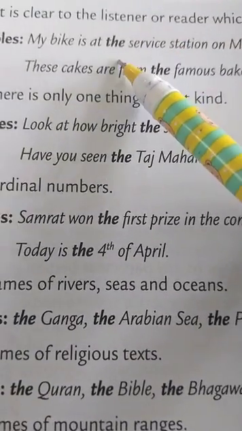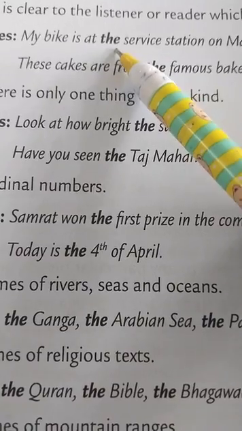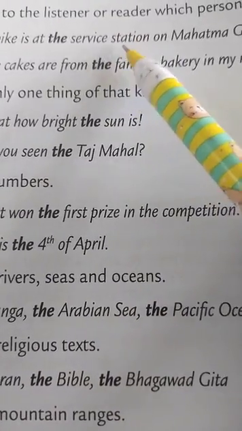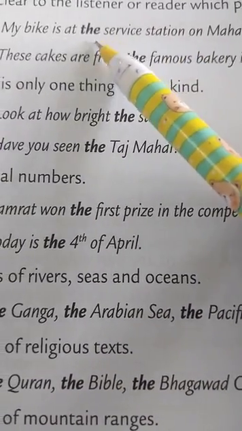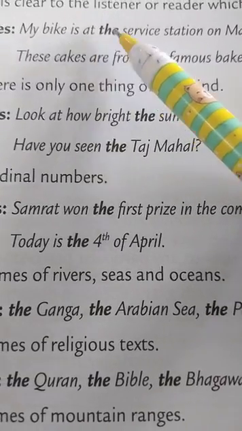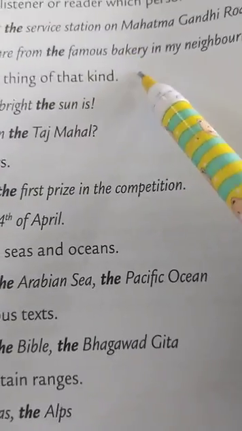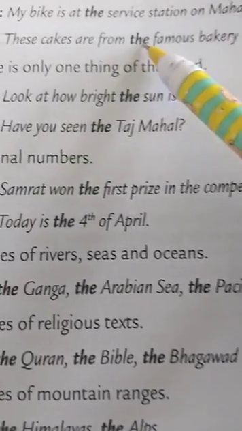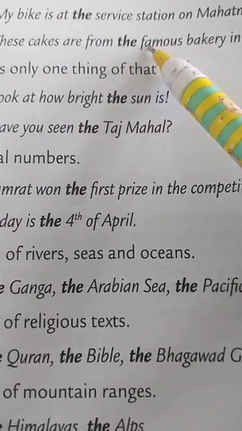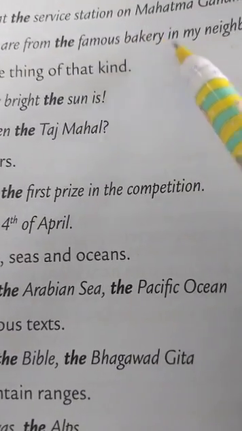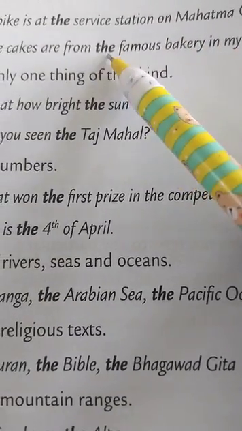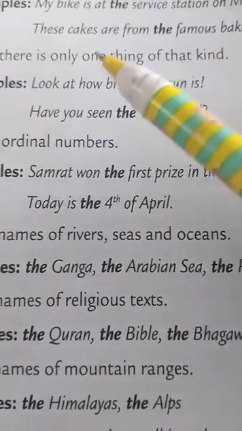So here the reader or the listener knows about the service station the speaker is referring to. So we have used article the. These cakes are from the famous bakery in my neighborhood. Okay. So a particular bakery has been talked about in this sentence, the famous bakery in the neighborhood. So the article the has been used.